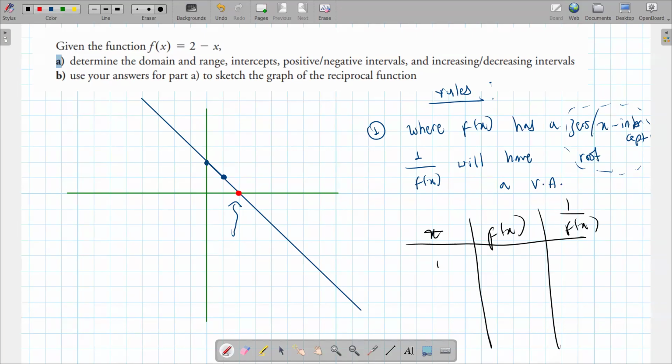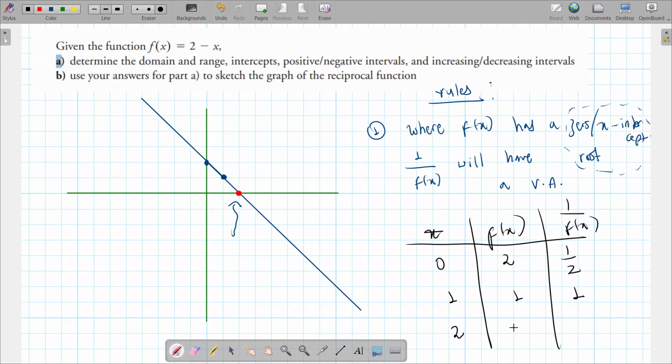At x value of 0, the y value is 2. Now the reciprocal function, the y value is going to be 1 over 2. You just flip it upside down. Over here, it's a 1, so that point is going nowhere. This point right here, when the x value is 2, the y value is 0.